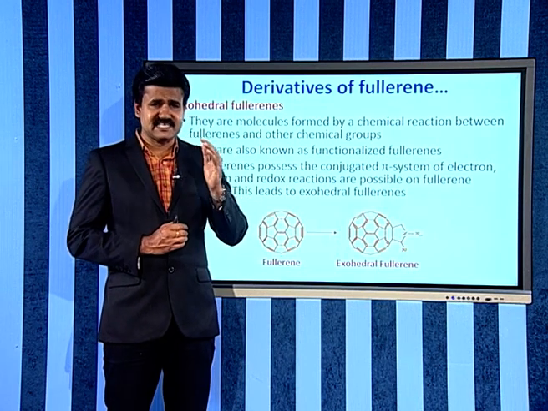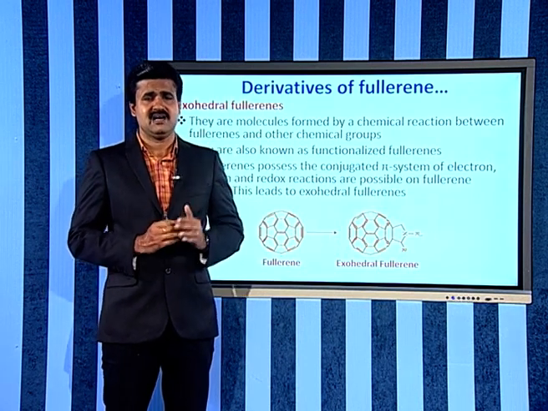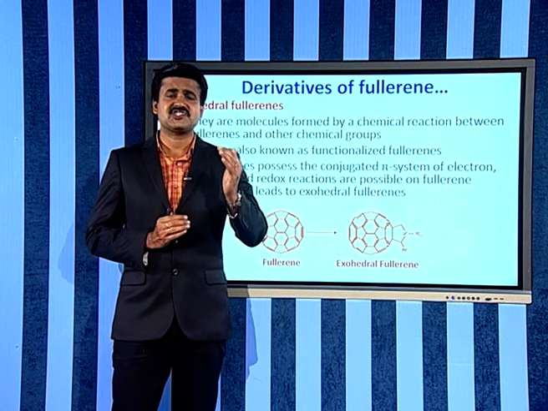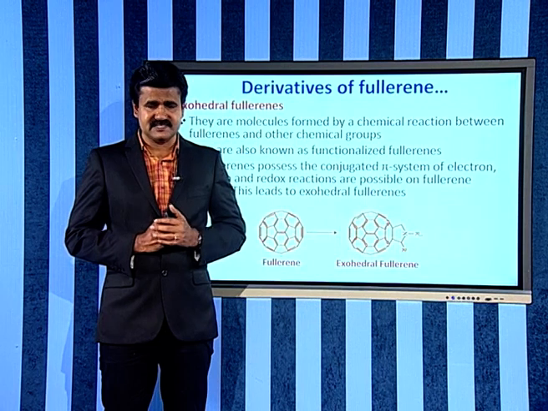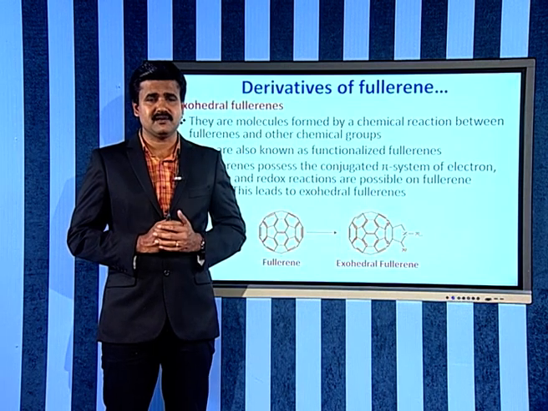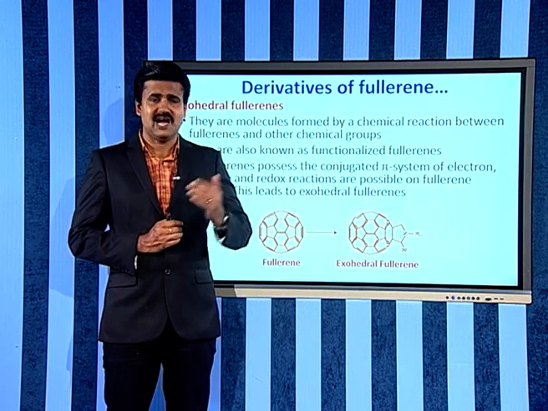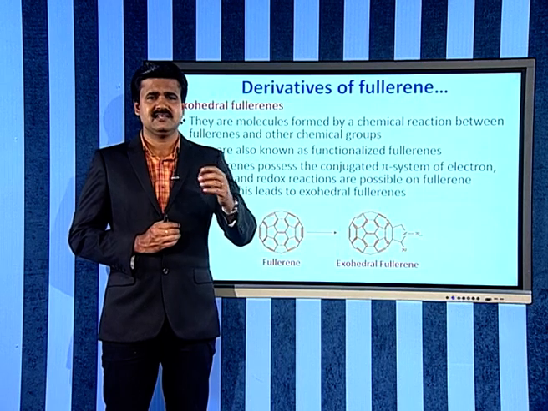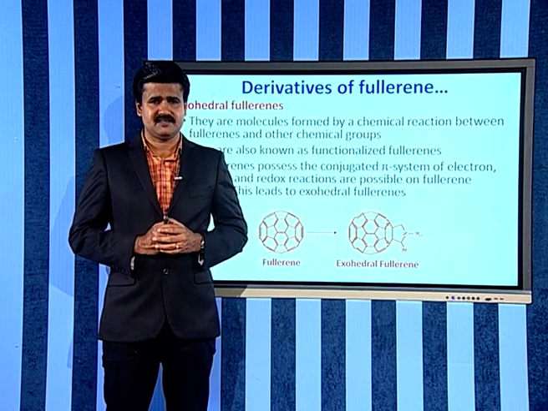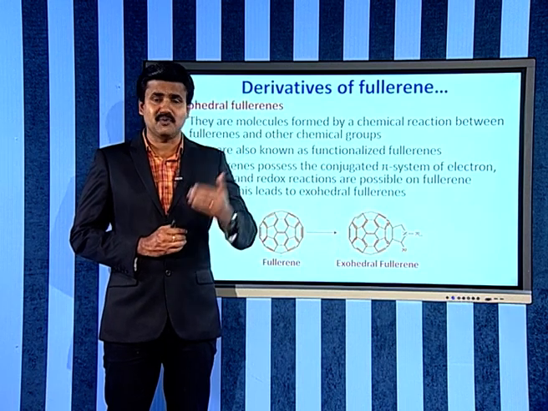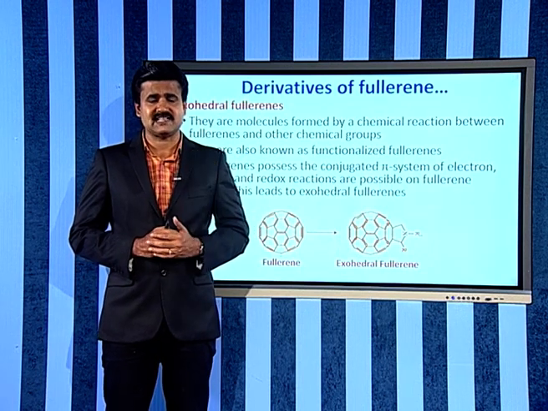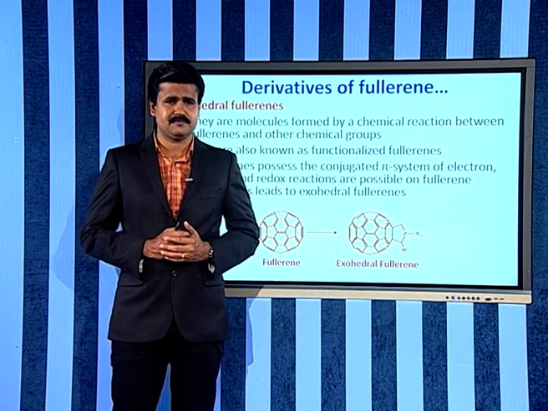This type of exohedral fullerene is also called functionalized fullerene. These functionalized fullerenes can be used for an enormous number of applications, such that through this functionalization, it is possible to attach different molecules of our interest for desired purposes.